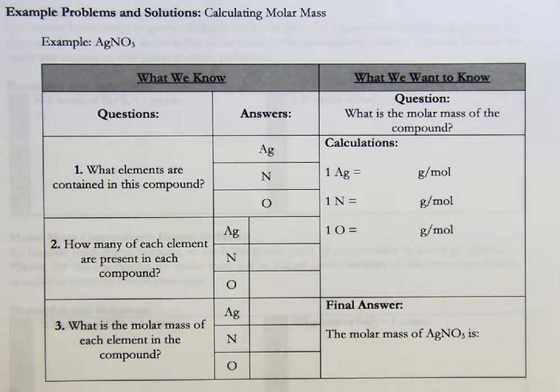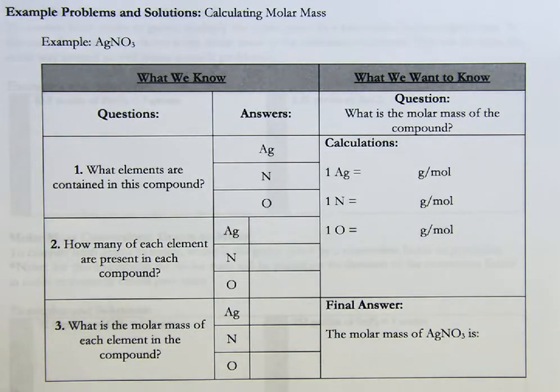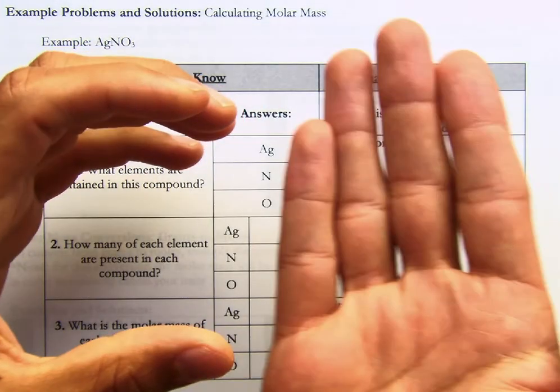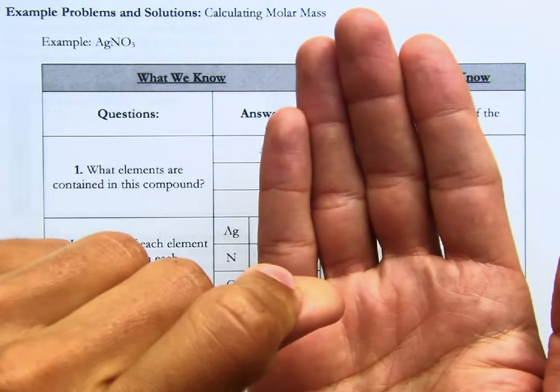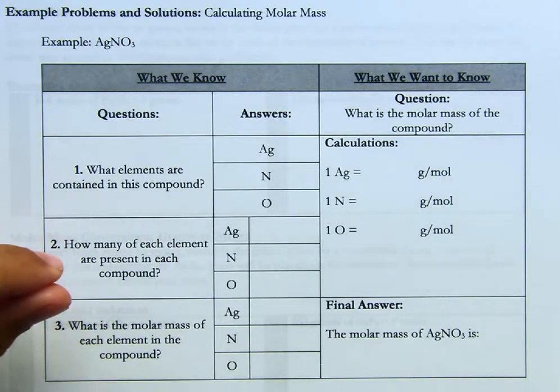Meaning, if I wanted to have a mole of silver nitrate, how many grams would I have to weigh out? Right? I would have a container, I would have my scale, and I would be scooping onto the scale. Right? And I'm going to weigh out 1 mole of it. So that's what's called the molar mass, the mass of 1 mole.